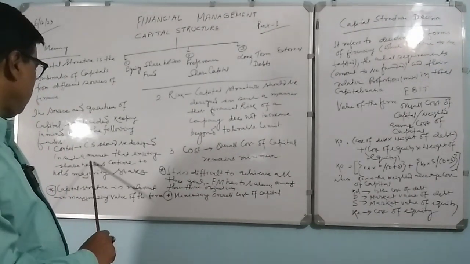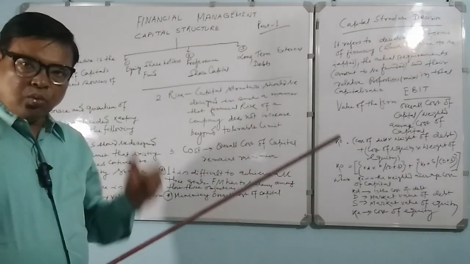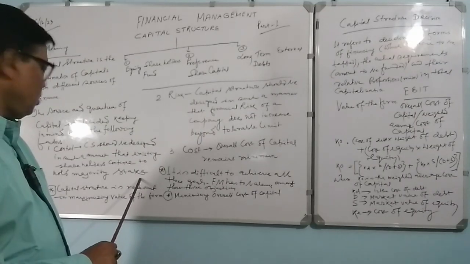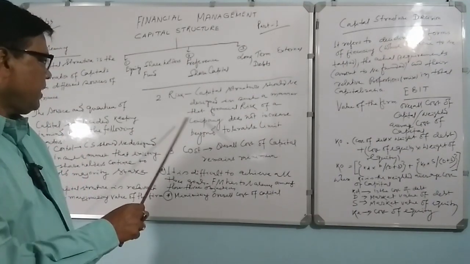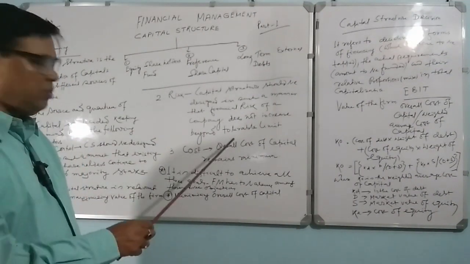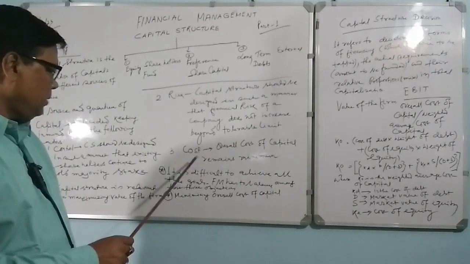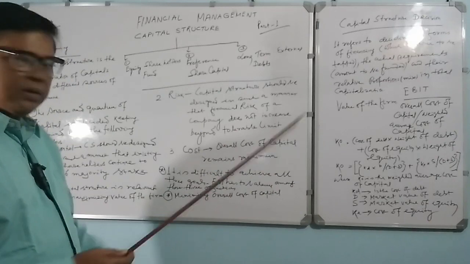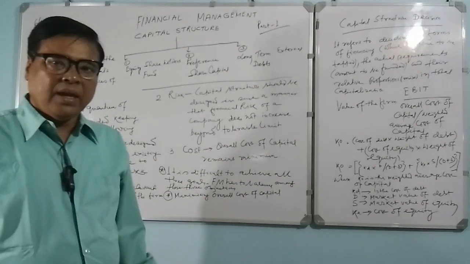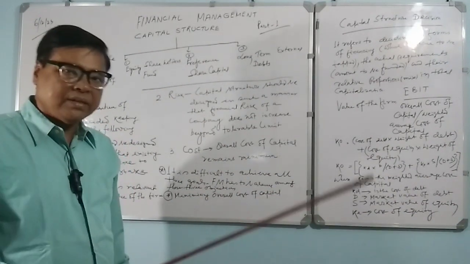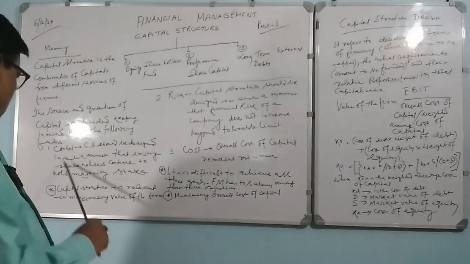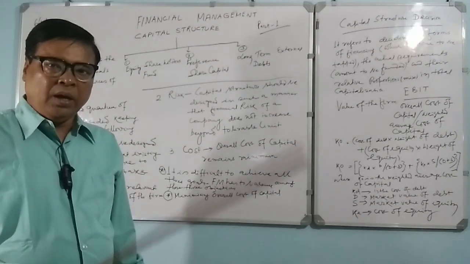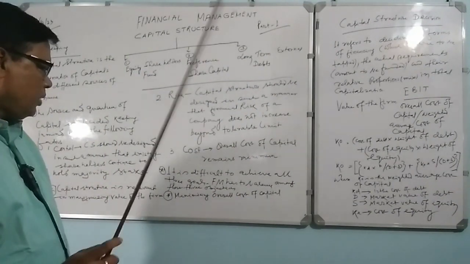That means number one is control, in whose hands the exclusive majority stake would be. Second is risk, which should not go beyond the control limit. Third is cost, the overall cost of capital should be minimum. There is no ideal situation where all three conditions can be fulfilled.